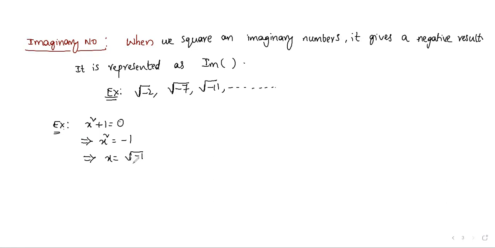So let us assume that this number is equal to i. Let us assume that i is equal to square root of -1.